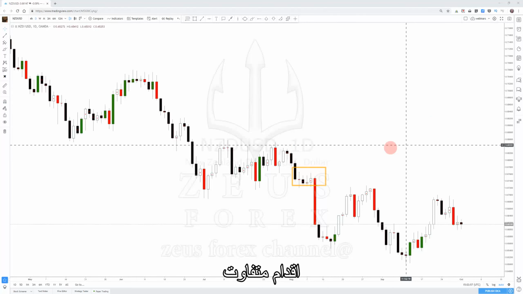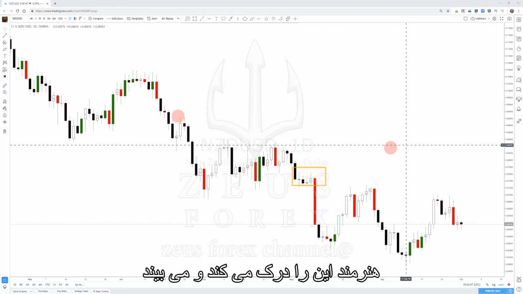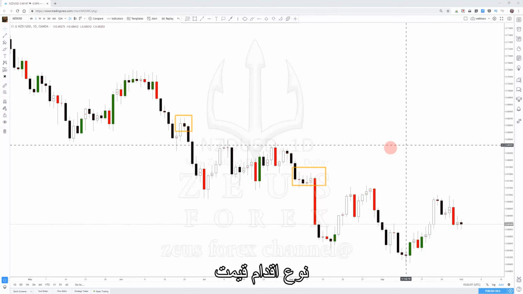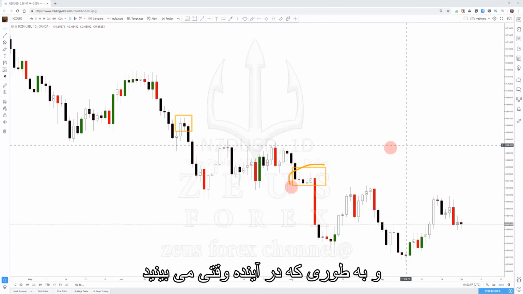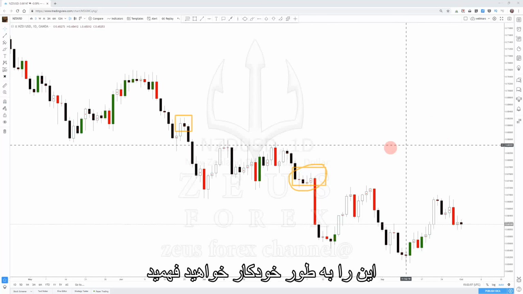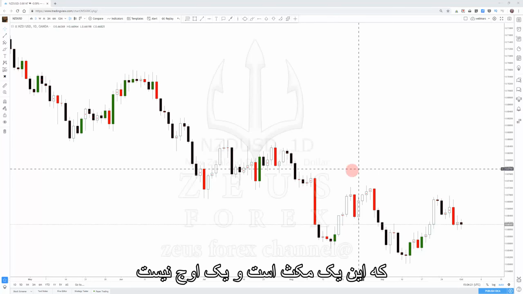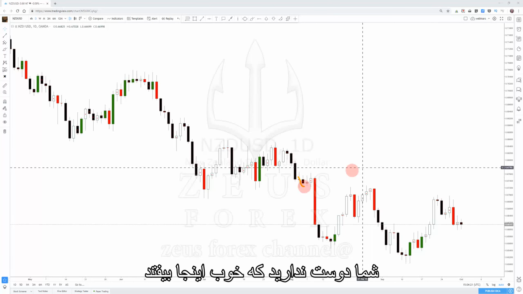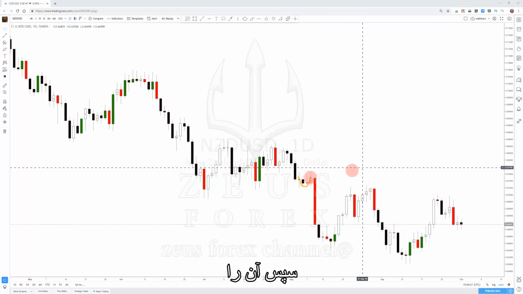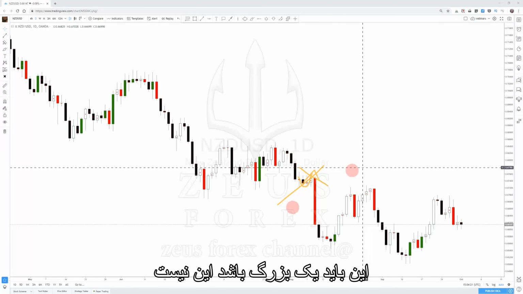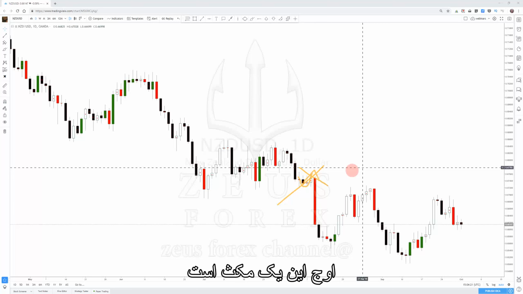Little by little your brain will start understanding and seeing this kind of price action, so that in the future you will automatically know that this is a pause and not a peak. You will not say, okay, it drops here, then it rallies a little bit and makes a higher high, so this should be a peak. No, this is not a peak. This is a pause.